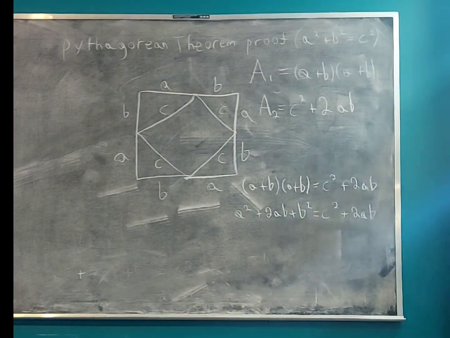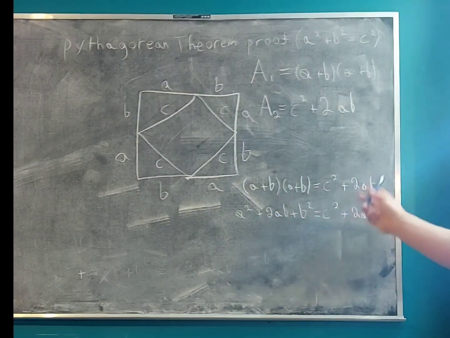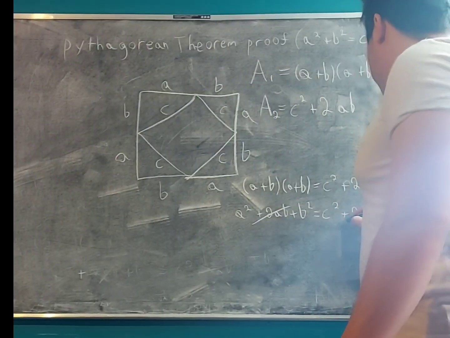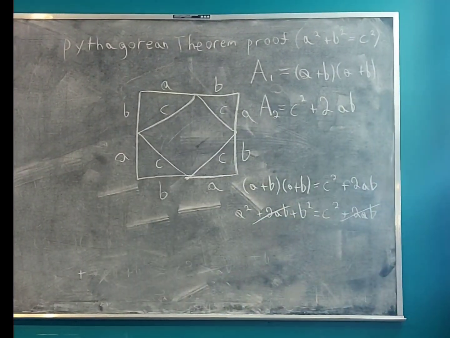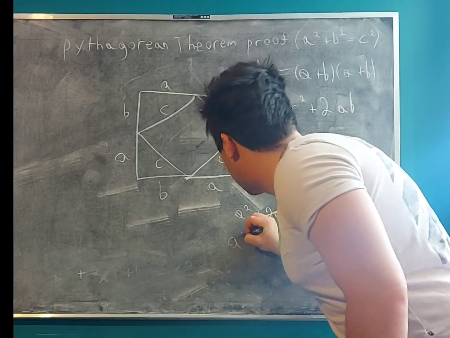Right, now, the next thing I want you guys to notice is the 2AB term that's on both sides. You can cancel it, right? Using our very simple algebra rules. So now let's just rewrite this whole equality.